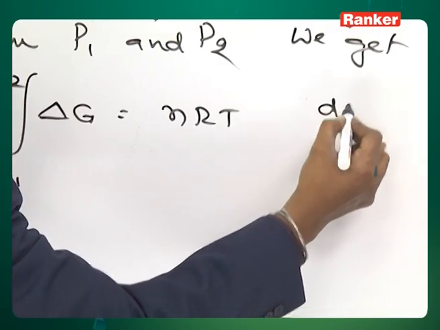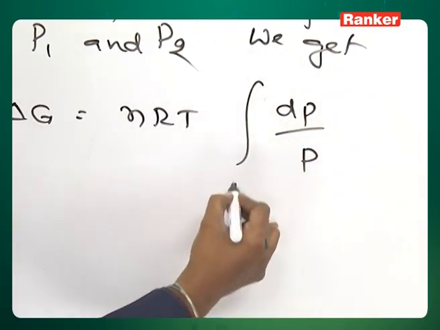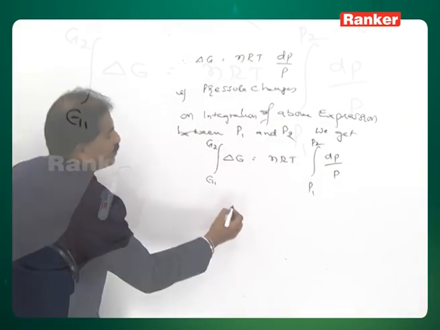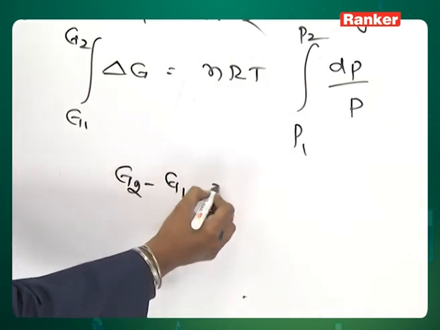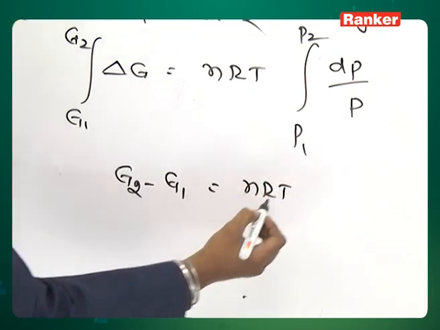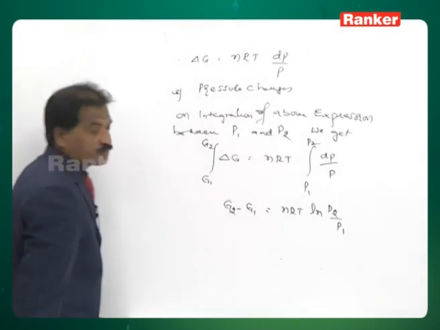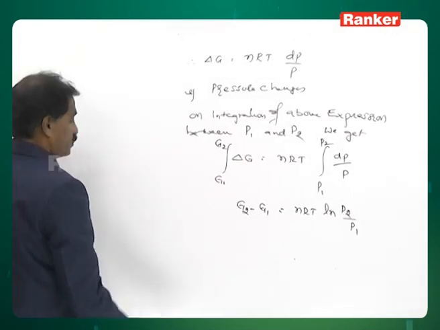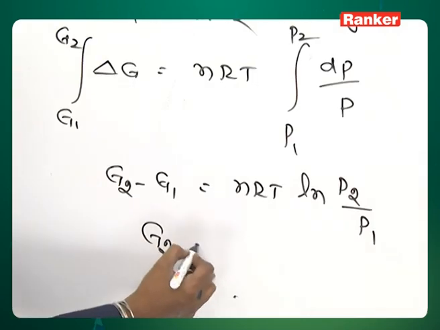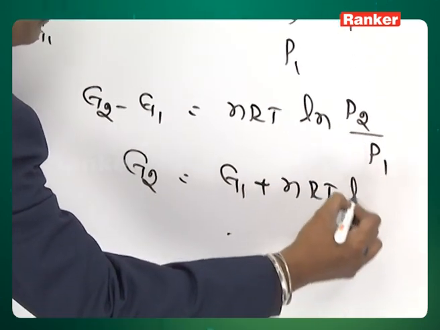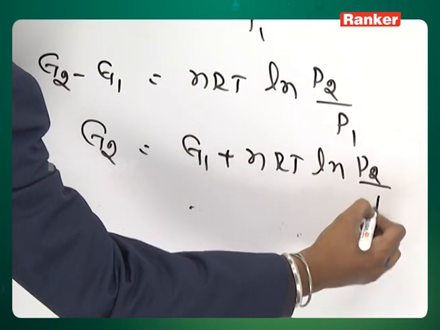Now integrating this expression, P1 to P2. Therefore, G2 minus G1 is nRT ln P2 by P1. Therefore, G2 is equal to G1 plus nRT ln P2 by P1.